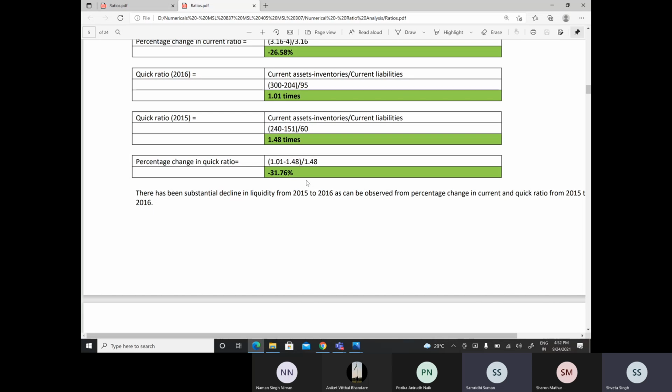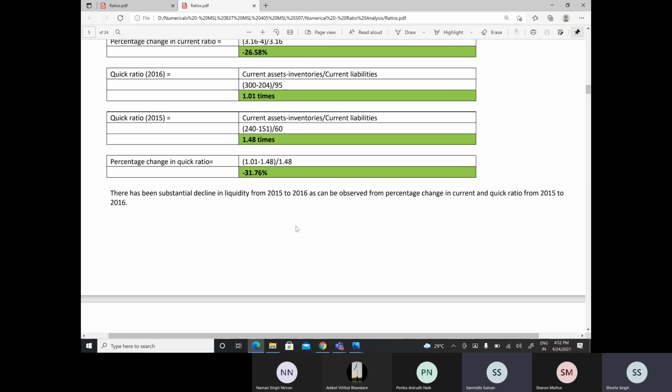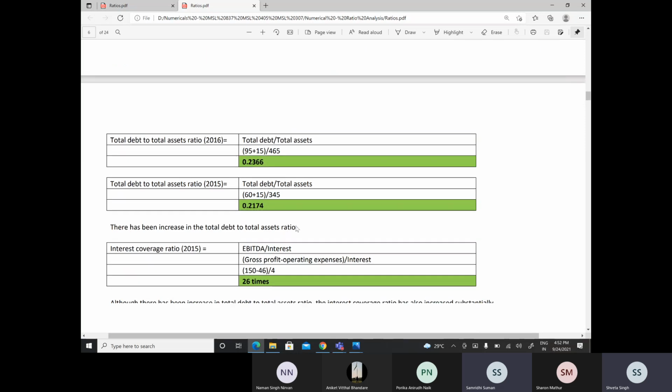So, by looking at these ratios, we can say safely that there has been a substantial decline in liquidity from 2015 to 2016, as can be observed from percentage change in current and quick ratio from 2015 to 2016. Okay. This is the second ratio.